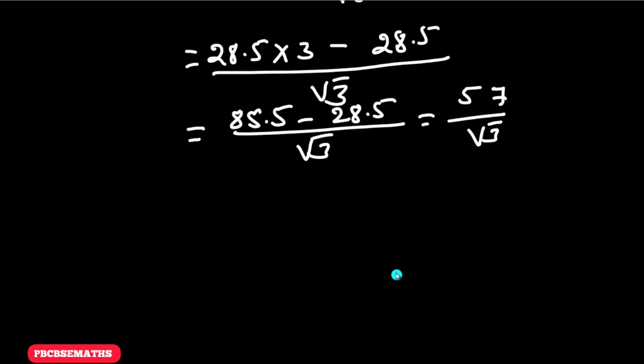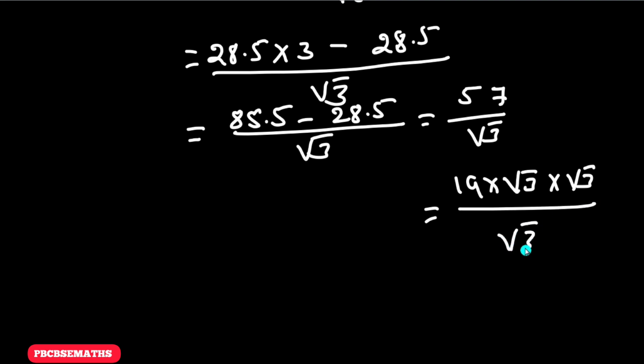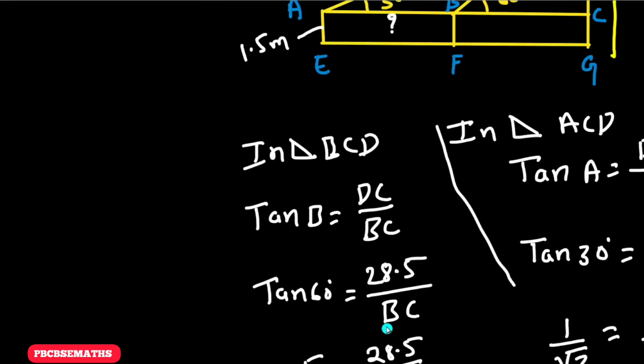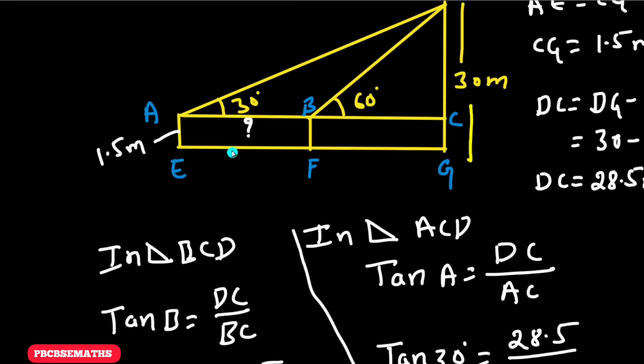Further, we can write 57 as 19 into root 3 into root 3, whole divided by root 3. Now we can cancel this root 3 and this root 3. At last we have 19 root 3 meters. So the distance between point A and point B is 19 root 3 meters. So that boy traveled 19 root 3 meters towards the building.